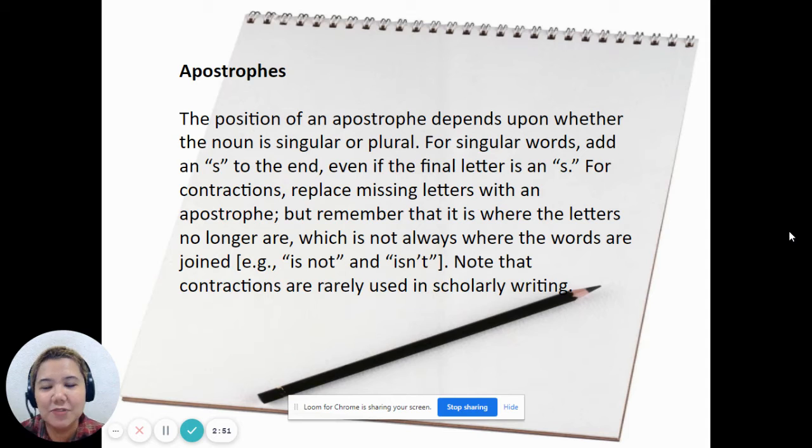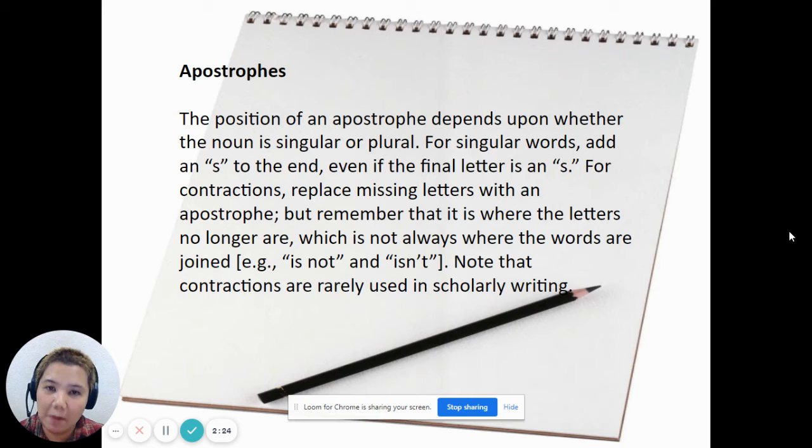All right, next one, we have our apostrophes. The position of an apostrophe actually depends upon whether the noun is singular or plural. Just remember, for singular words, add an S to the end, even if the final letter is an S. For contractions, simply replace missing letters with an apostrophe.